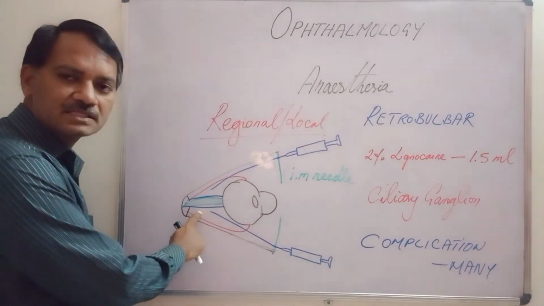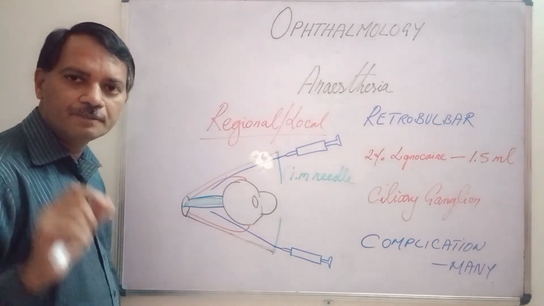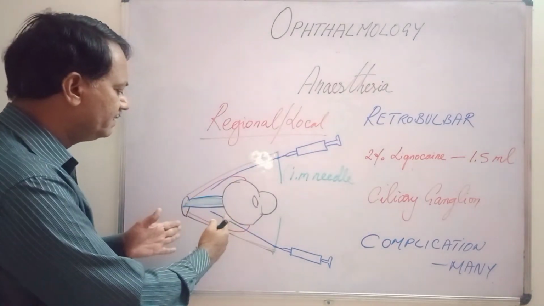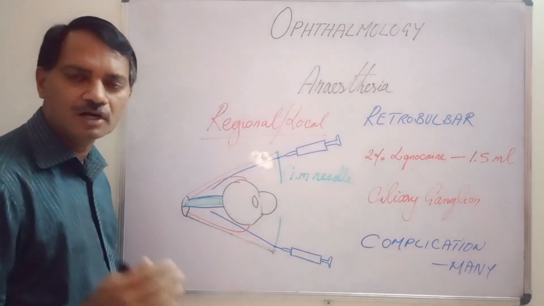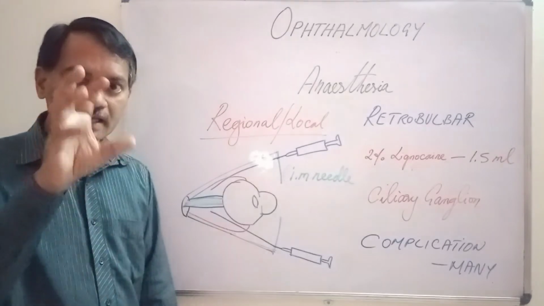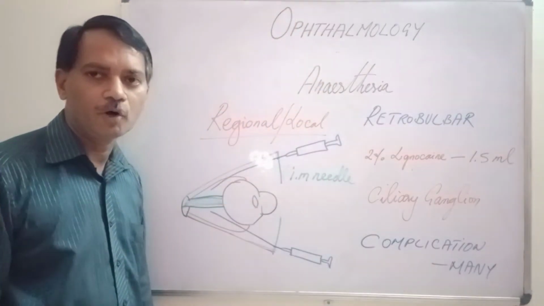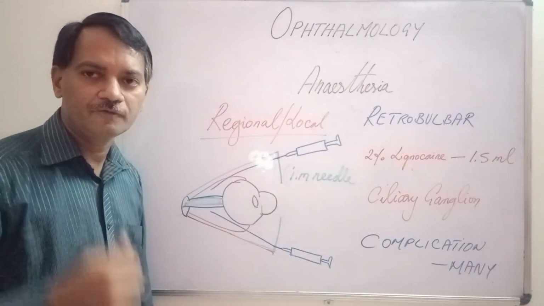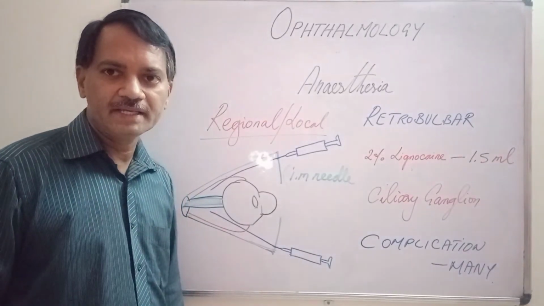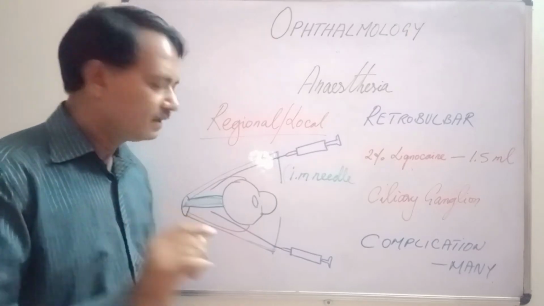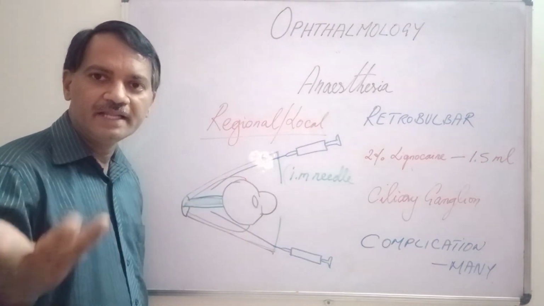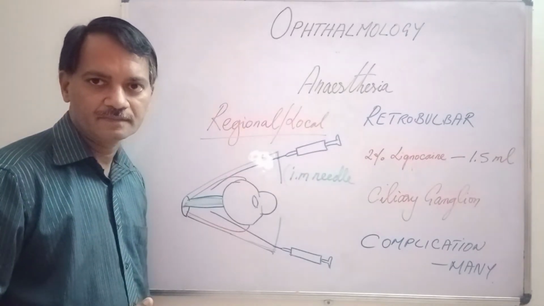The vessels close to the optic nerve may be injured and they will start bleeding, leading to a heavy bleeding behind the eyeball, that is called retrobulbar hemorrhage. Once there is a heavy bleeding, the eyeball will get proptosed, it may come out. So that kind of complication can occur. The next common complication is the central retinal artery may get occluded, leading to loss of vision.